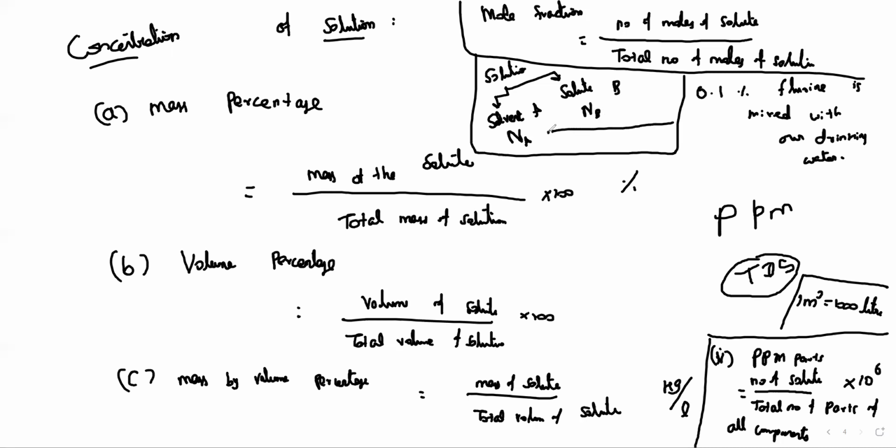Then the mole fraction is equal to Nb by Na plus Nb. If you have more components, you have to add all those numbers of moles in the denominator. Is that clear?